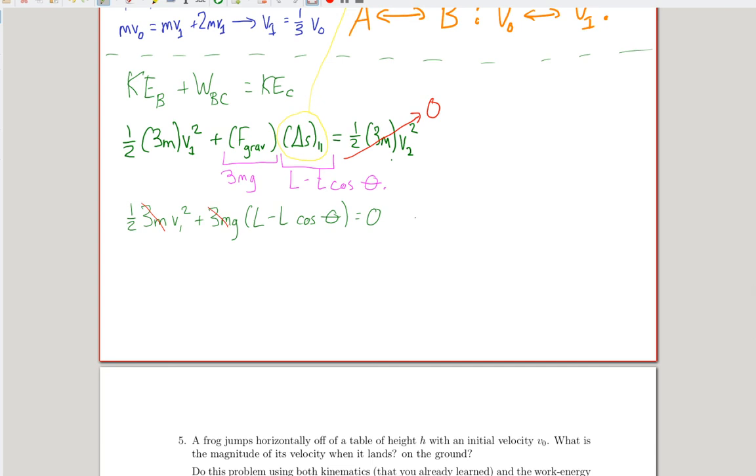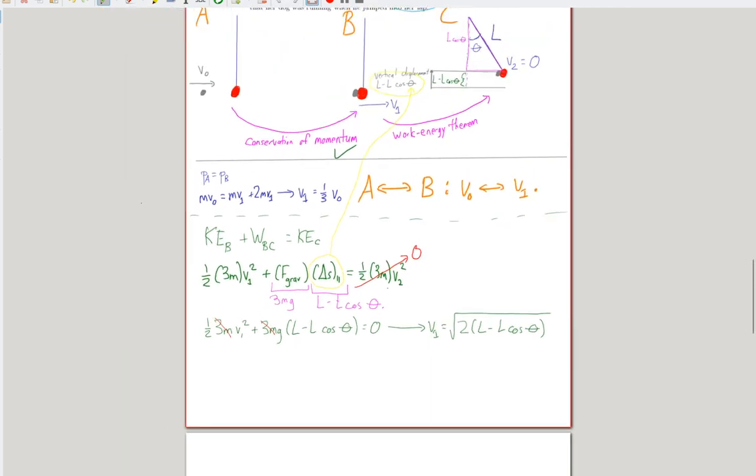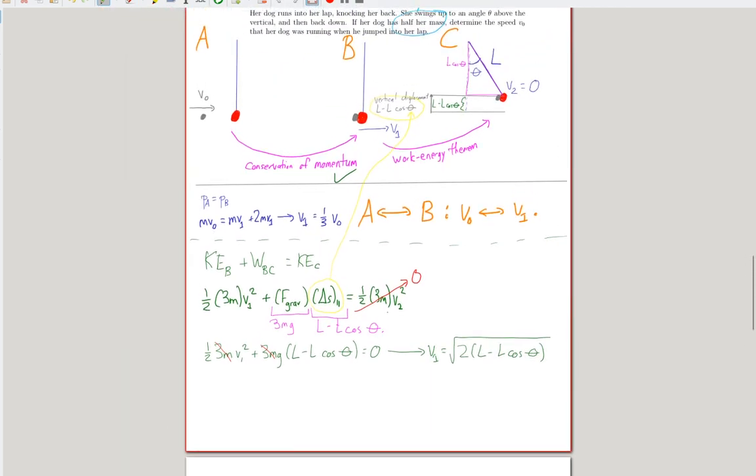And this tells me that v1 is the square root of 2g times L minus L cosine theta, I'll just do it all in one bite. So we have now related piece B to C to figure out what v1 is.